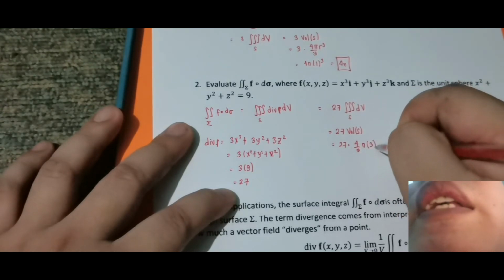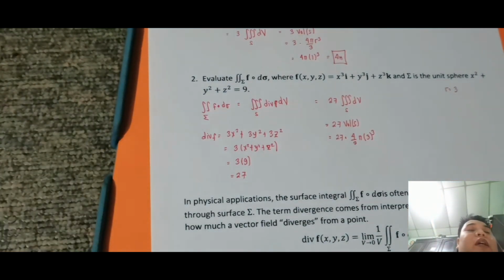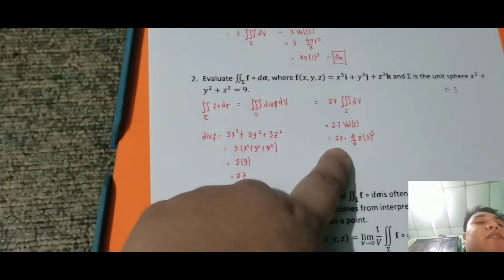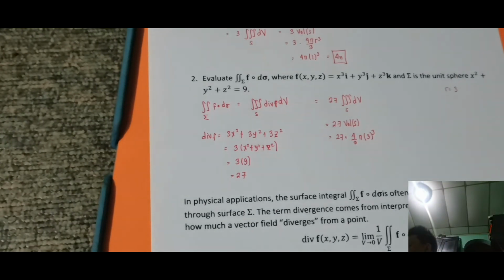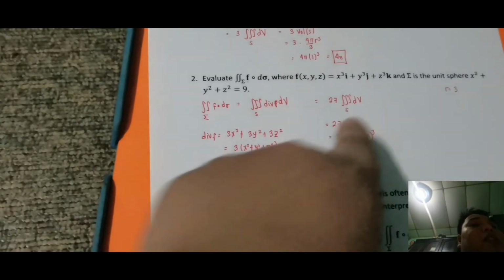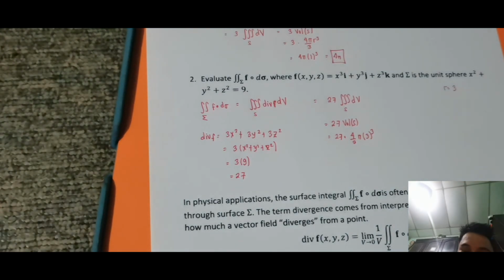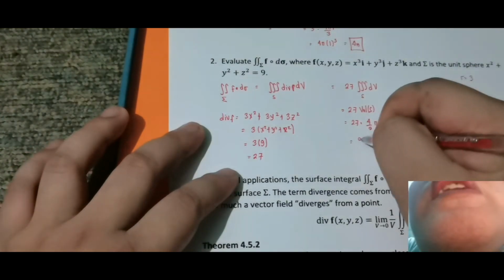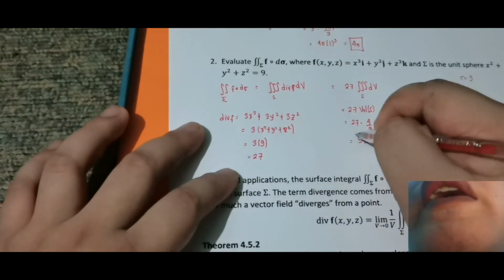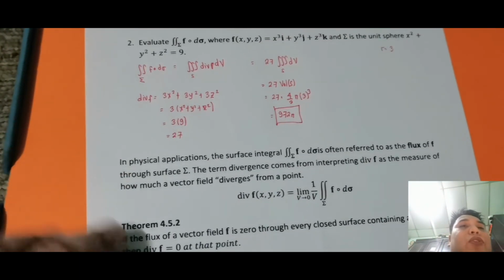R is 3, raised to the 3. Similarly, one 3 cancels, so we have 9 left. So 9 times 4 times 27, since here 3 cubed over 3 is just 3 squared. So 9 times 4 times 27 is 972. So this is equal to 972 pi.